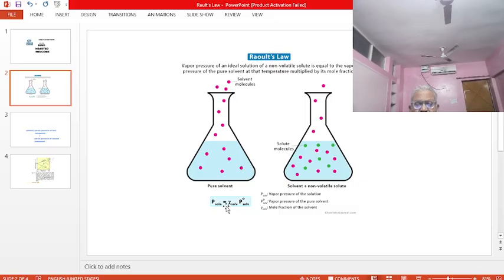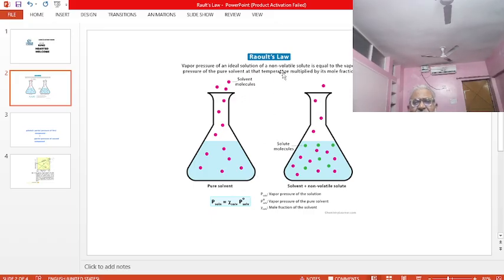And when you remove the proportionality sign, you have to keep some constant. This P naught, that is the vapor pressure of the pure solvent, has been kept as a constant in this equation. So the equation emerges as: the partial pressure of the first component is directly proportional to its mole fraction.